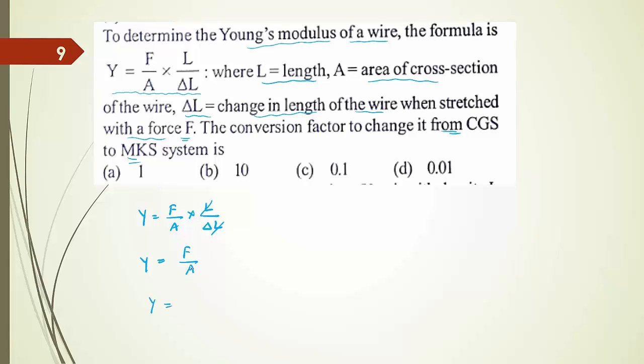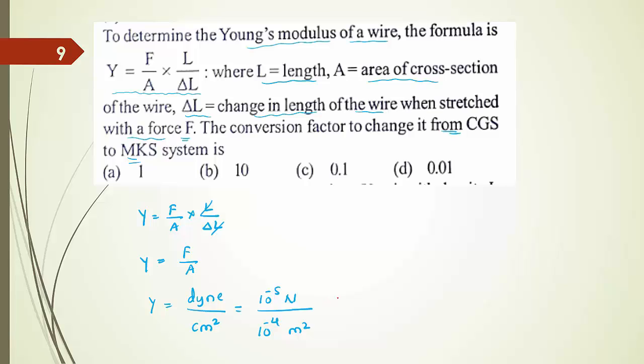Y equal to F over A, where F is measured in dyne and area is measured in centimeter square. Dyne per centimeter square. Dyne means how much? 10 raised to minus 5 Newton divided by centimeter square, which is equal to how many meters square? 10 raised to minus 4 meters square.